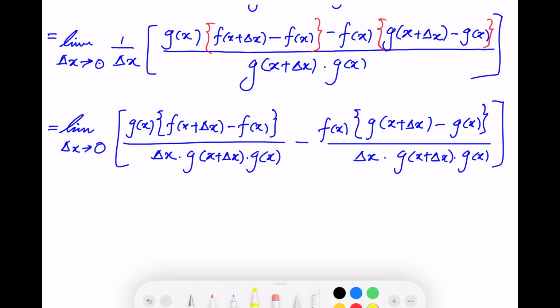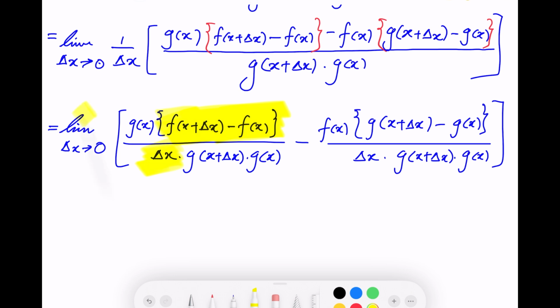The meaning of the big bracket outside like this is that I need to consider delta x approaches 0 with all the terms inside. So when I look at this first fraction, just focus on this part inside the brackets, f of x plus delta x minus f of x, divided by delta x in the denominator.